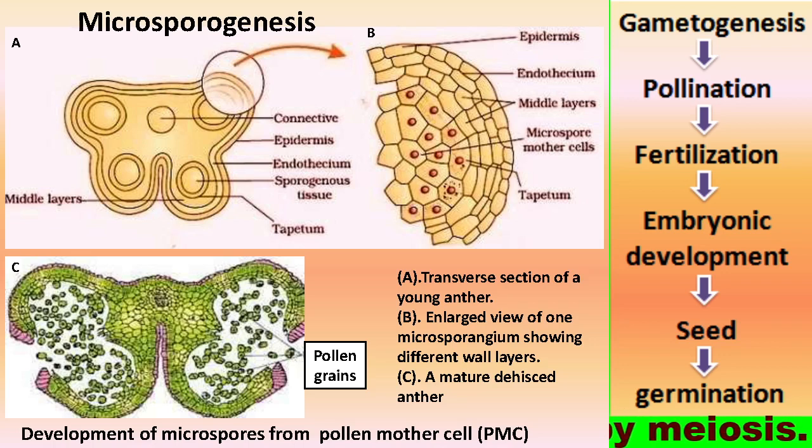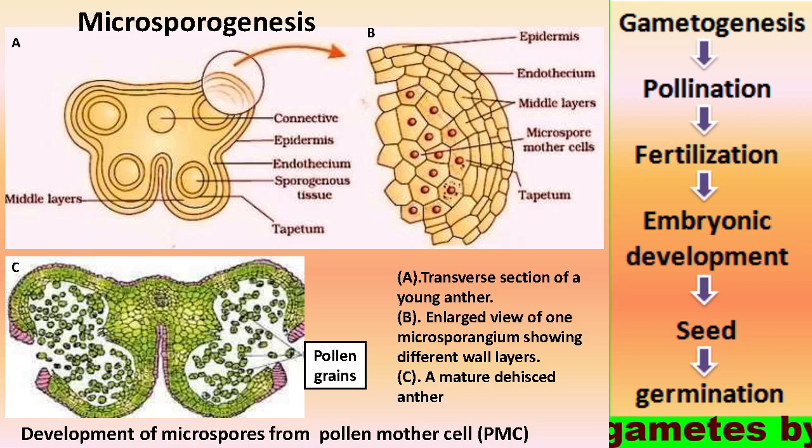If you take a TS, that is a transverse section of an anther, then you can find these anatomical regions.